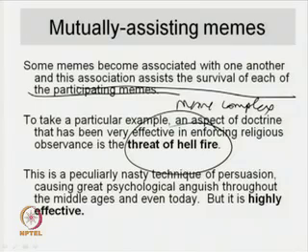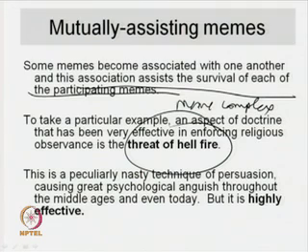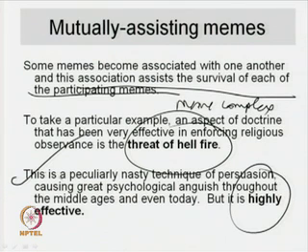Then he says, however, so he is not simply describing these things in a very academic or non involved way. He has his own way of putting things, and this is what he says: the threat of hellfire is a peculiarly nasty technique of persuasion, causing great psychological anguish throughout the Middle Ages and even today, but it is highly effective.